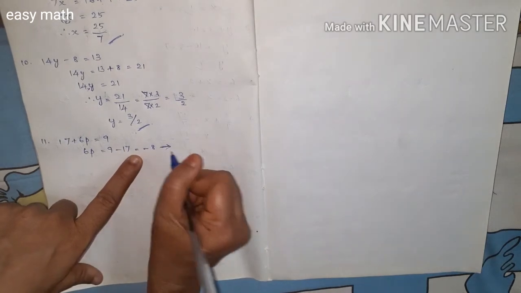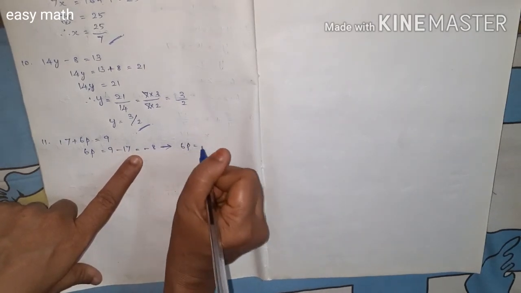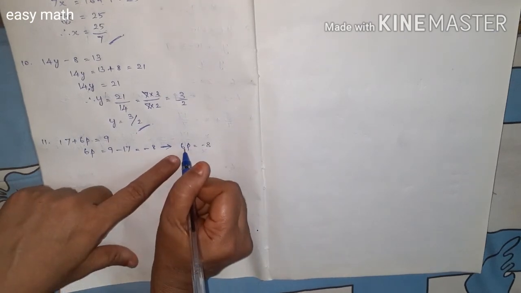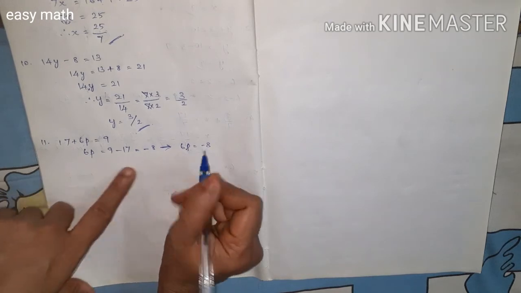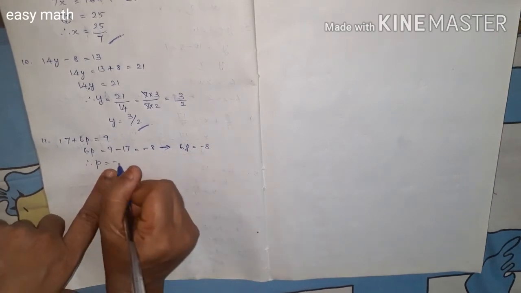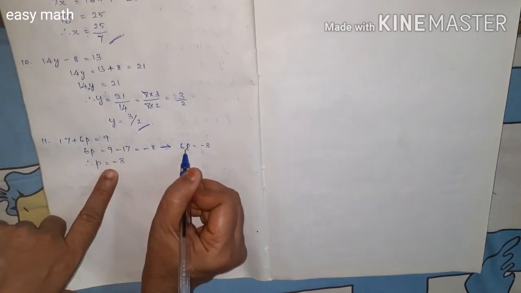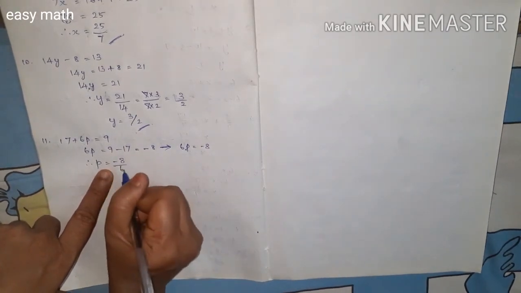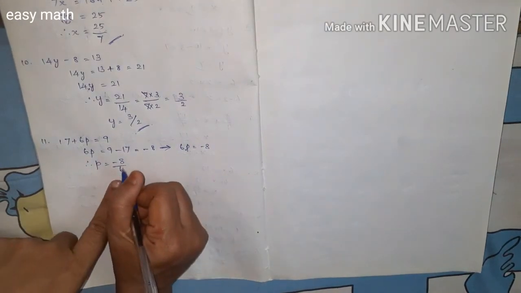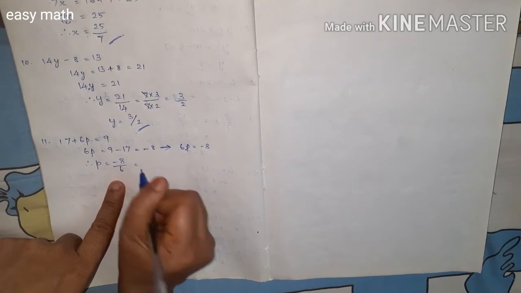6p equal to minus 8. 6p means what? 6 into p. Therefore p equal to minus 8, 6 into means divided by 6. Both the numbers are even numbers.